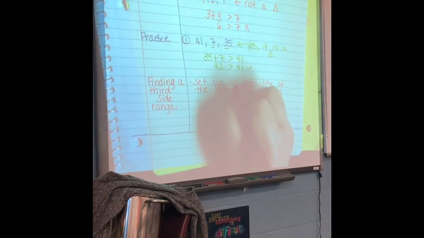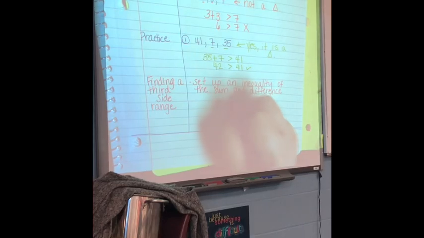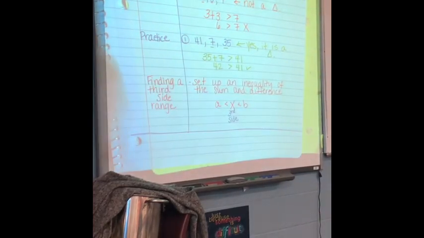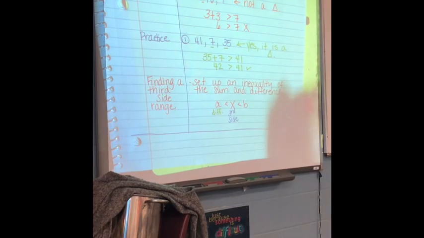So my inequality is going to look like this. The values for x are going to represent the third side. The a is going to represent the difference of the two sides.